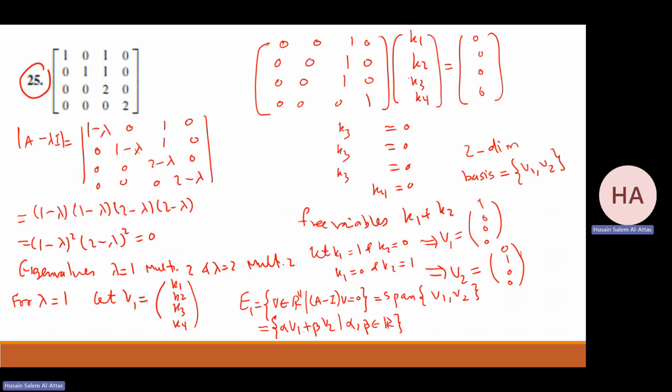Okay. Now let me do the second one. I let V3. I'm not sure if I have V3, V4, or V3 only. Let us see. Now lambda equal 2. So let me do it.